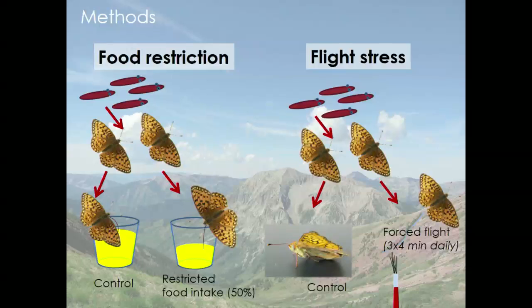In the flight stress experiment, we fed them all with as much sugar water as they wanted, but the individuals in the flight treatment were forced to fly 3 times 4 minutes every day. We then measured a number of life history traits. If your favorite life history trait isn't mentioned in my talk, chances are that we actually did measure it, so come talk to me later.